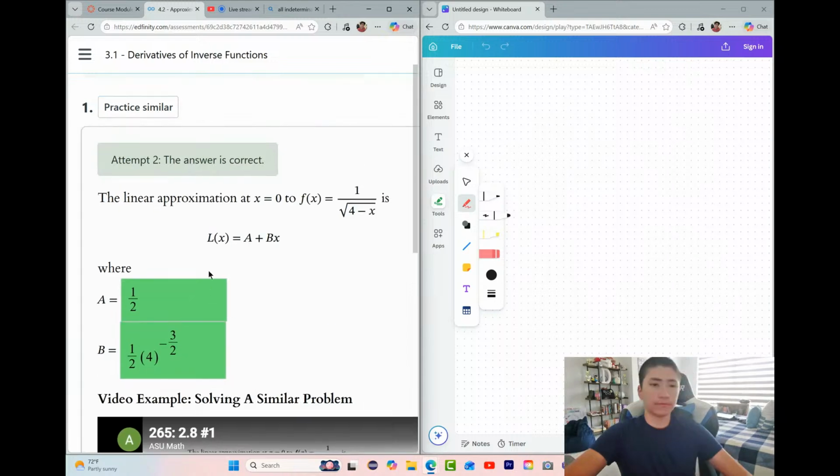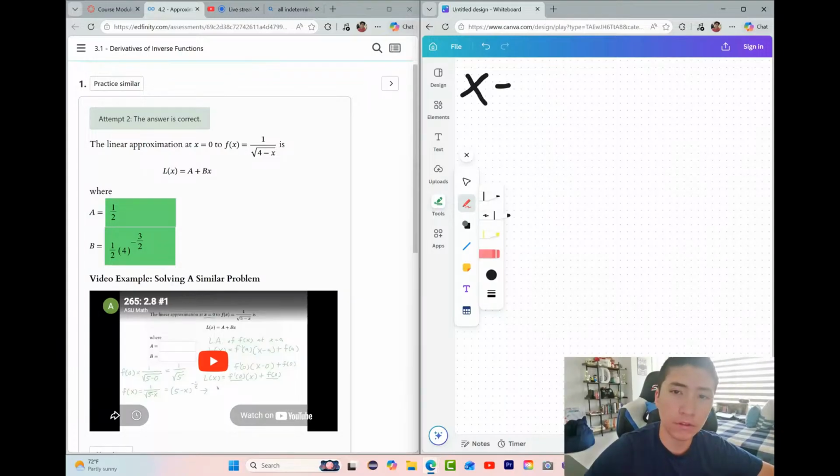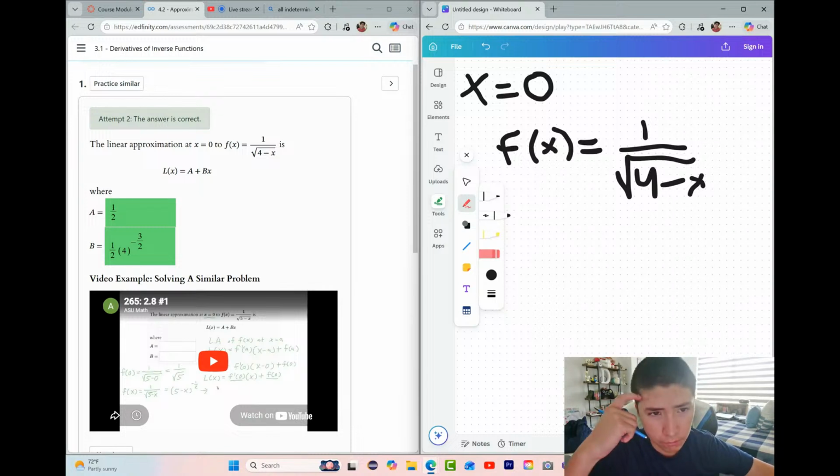So we have the linear approximation at x equals 0 to f of x, that is L of x equals a plus bx. We have f of x equals 1 over 4 minus x.